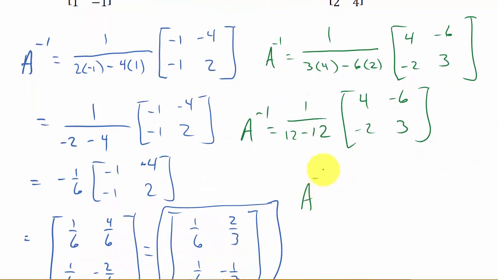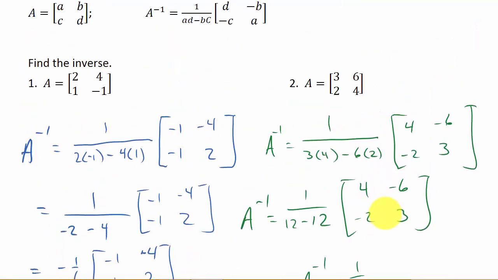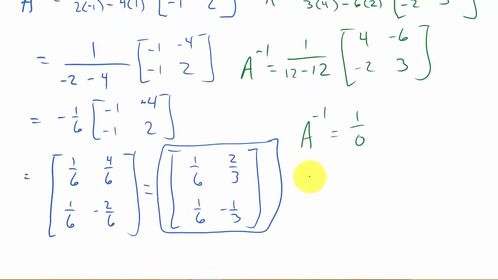And so that's going to give me A inverse is equal to 1 over 0. Well, we can stop right there. You can't have 0 in the denominator of a fraction. So this matrix right here has no inverse.